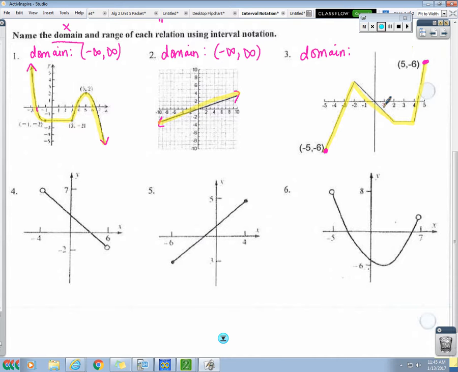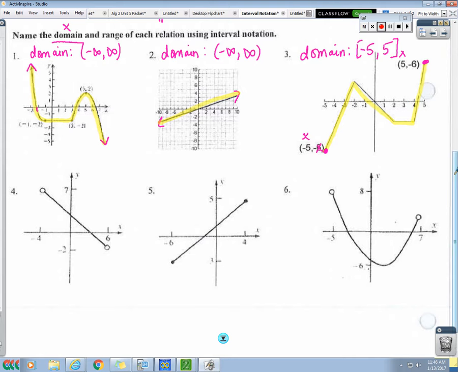So when you're on this shaded area, which is all your solutions, how far left do you go? Negative 5. Who cares about that negative 6? It's a y value, and we're doing domain right now, so we only care about the x value. So it goes from negative 5, and it was a closed dot there, so bracket. And then how far right did the solutions go? Positive 5. The x value over there, and it's a closed dot, so bracket.